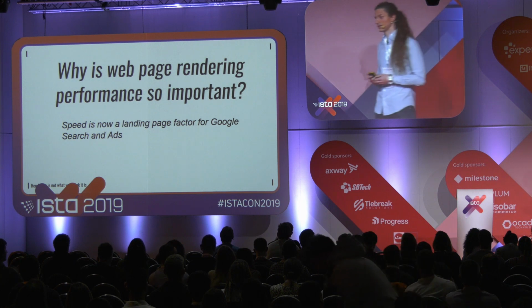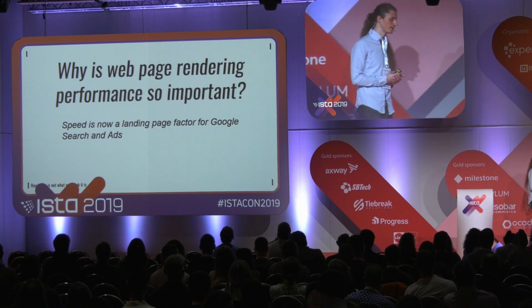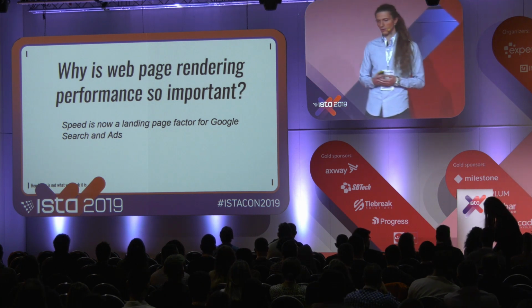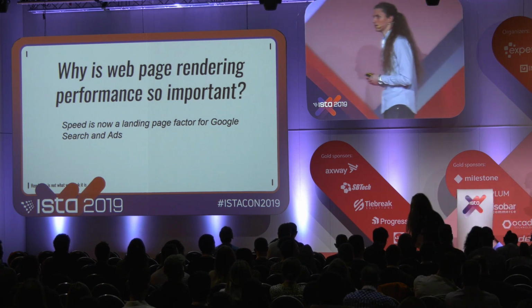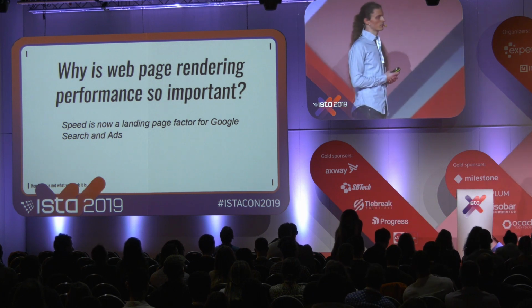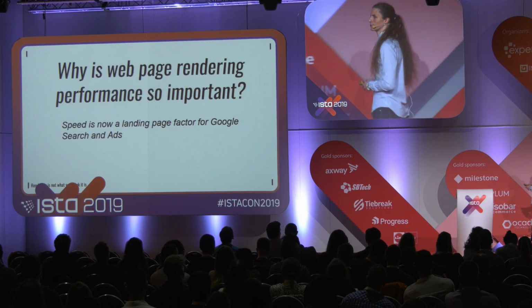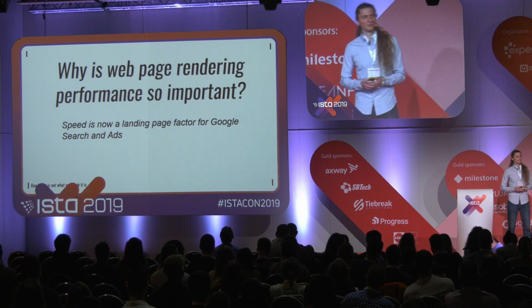And now, the actual visualization speed of the page is a factor in how pages are indexed and how they're presented to users. And this is not accidental. If there's one company in the world that knows what's important for internet users, that's Google. So we need to trust them.